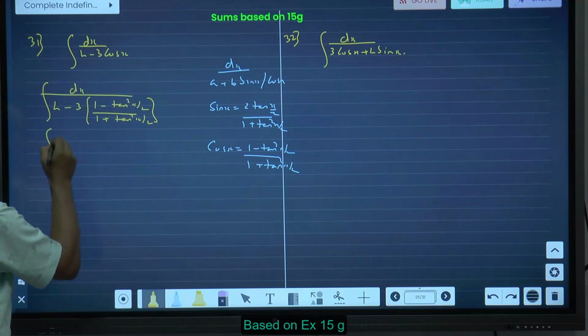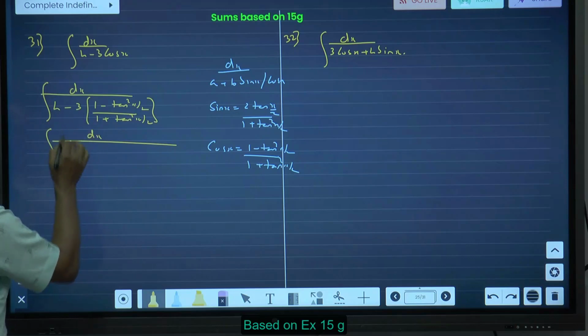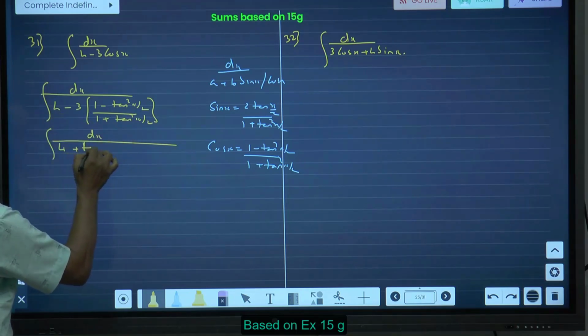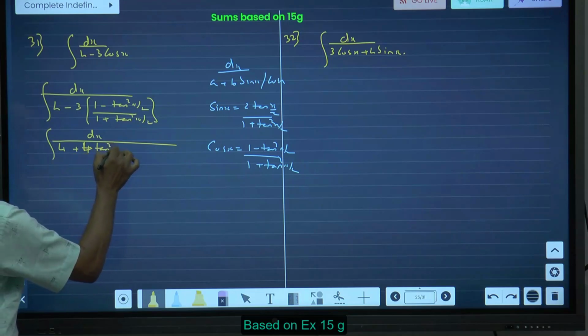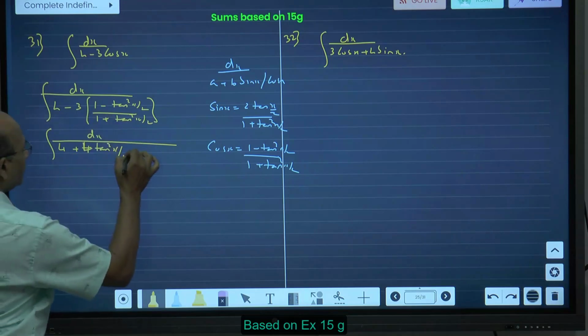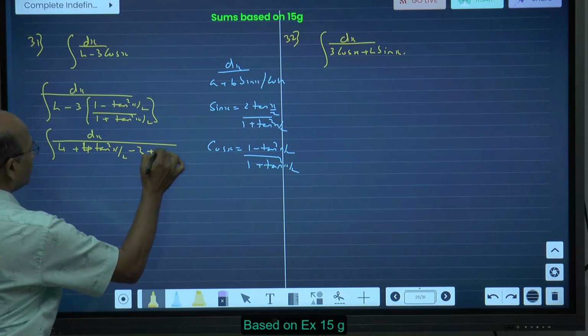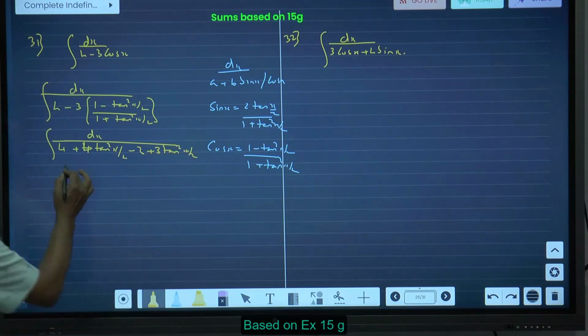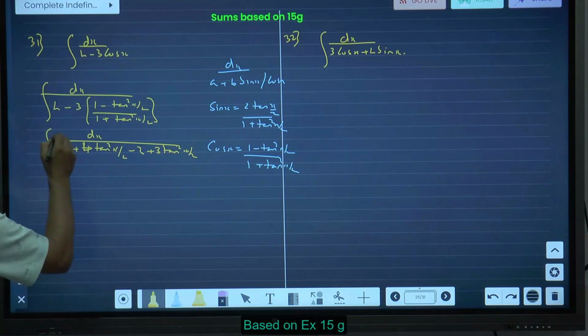So this will become dx upon 4 plus 4 tan square x by 2 minus 3 plus 3 tan square x by 2, upon that 1 plus tan square, you can write here as sec square x by 2.